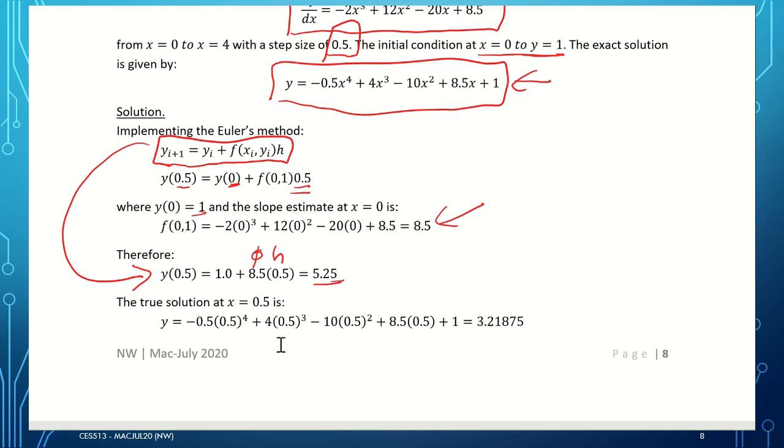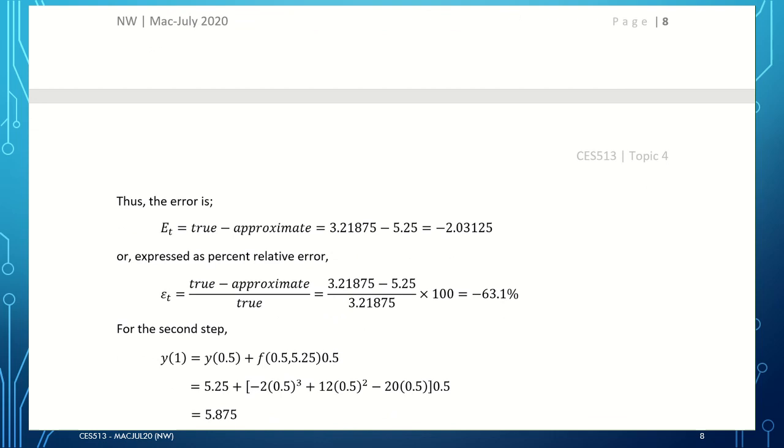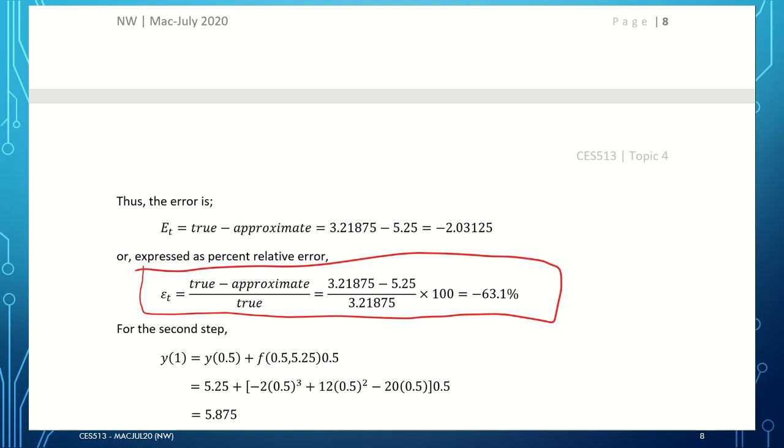For the true value at x equals 0.5, we just use the original equation and put in the values of x. Then we calculate the error as the true value minus the approximate value, divided by the true value. Then we get the answer in percentage.